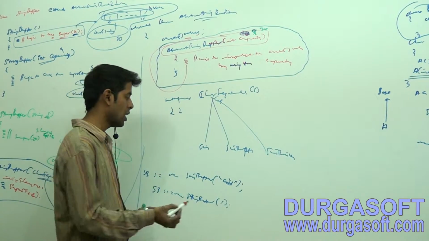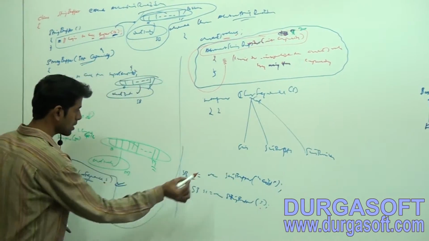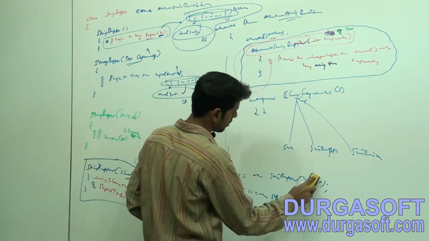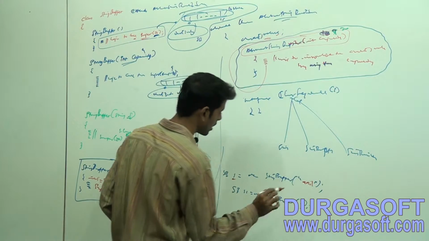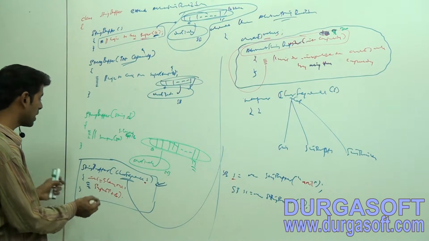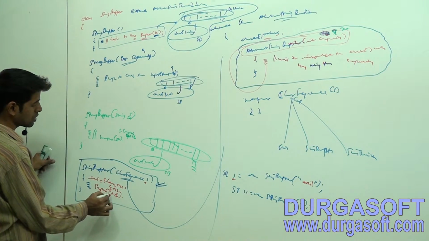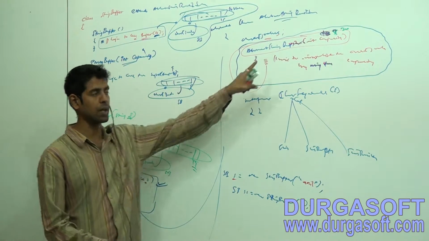Now observe here, what is this s.length? It is 4. 4 plus 16, 20 will be the capacity.